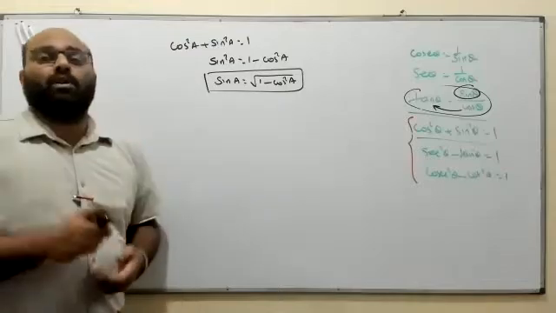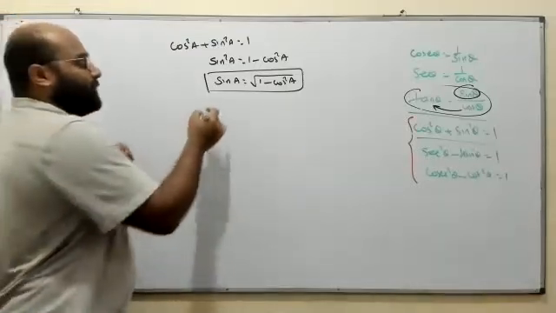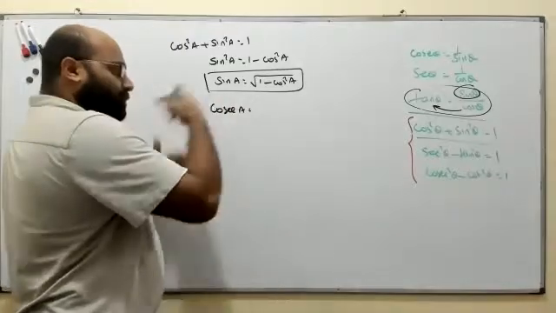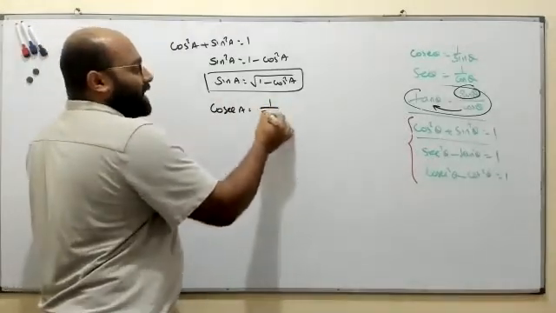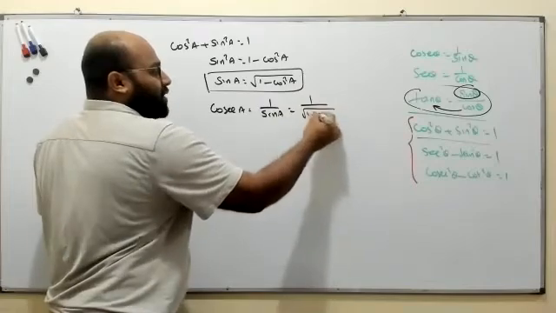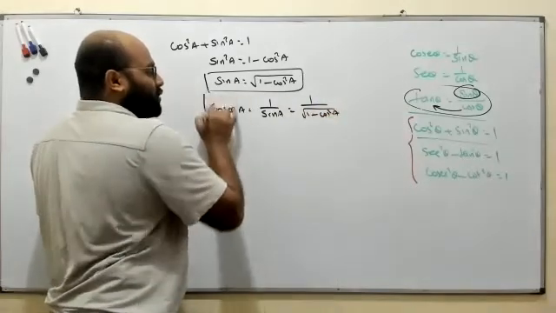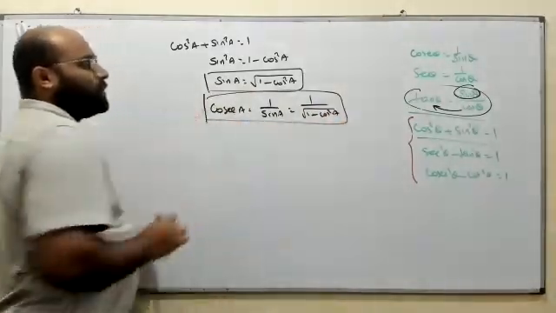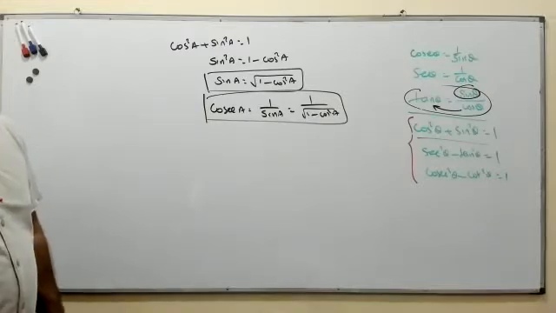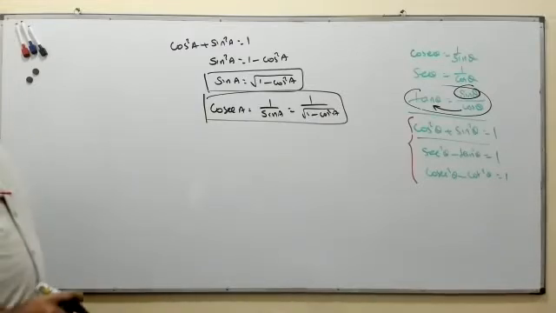Cosec is the reciprocal of sine, 1 by sin A. Sin A we already found: root of 1 minus cos square A. So sin A and cosec both are over.